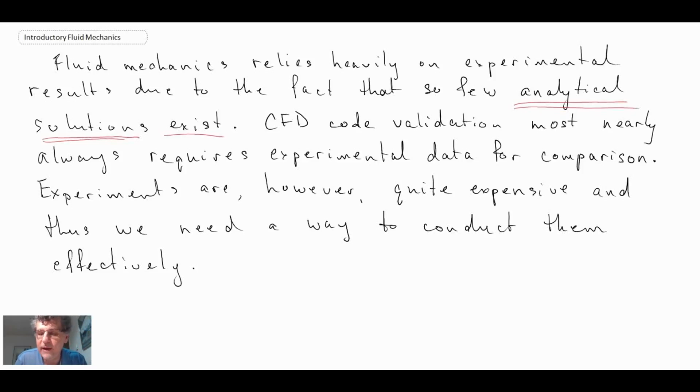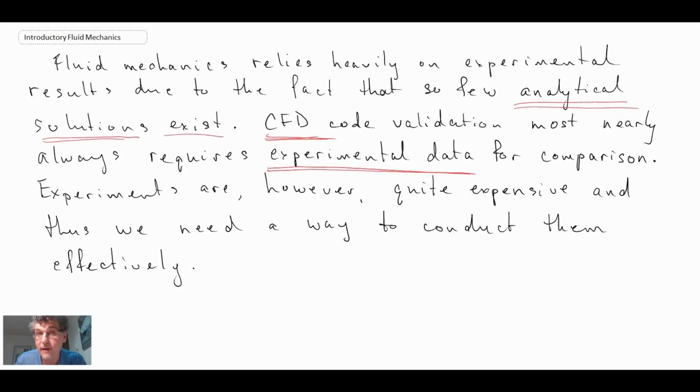There aren't that many, and quite often the flows are not of industrial interest. Consequently, that brings in CFD, and a lot of people have moved to CFD, taking the Navier-Stokes equations and solving them. However, even with CFD, you always want to verify the results using experimental data. That brings on the motivation for conducting experiments.